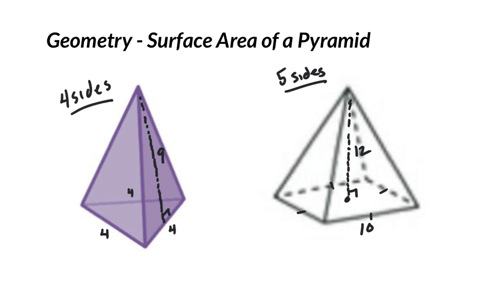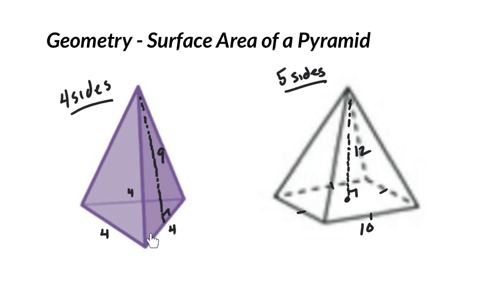Now in both of these shapes, we're going to have to do a little bit of intermediate work, and that might not always be true in all the problems you do, but let me explain some things we're going to have to do here. On this first shape, we're going to have the base and the three sides. Now I made this an equilateral triangle, so each of these sides are also going to be the same.